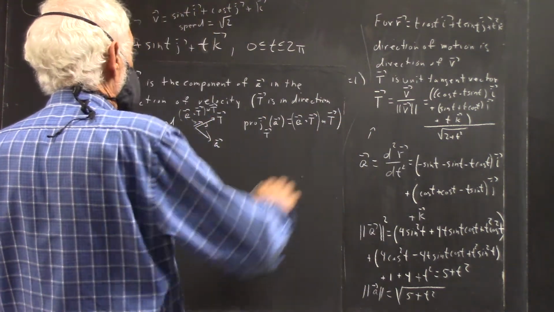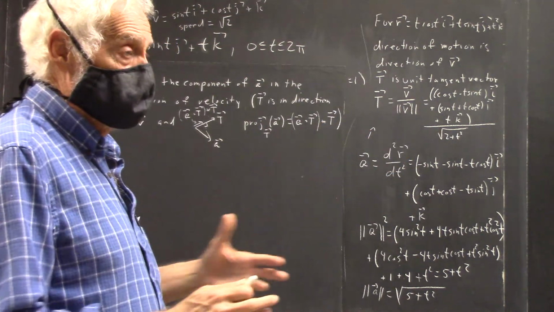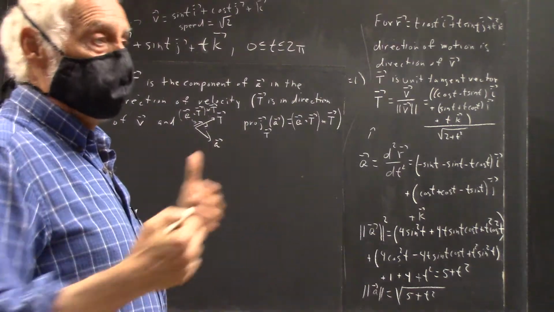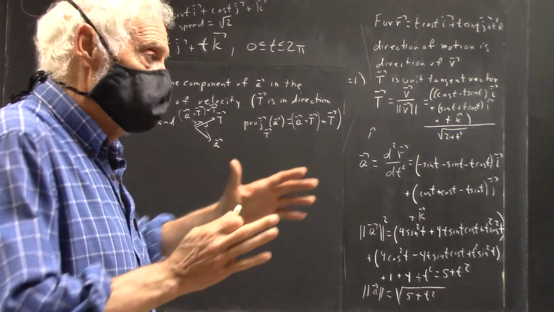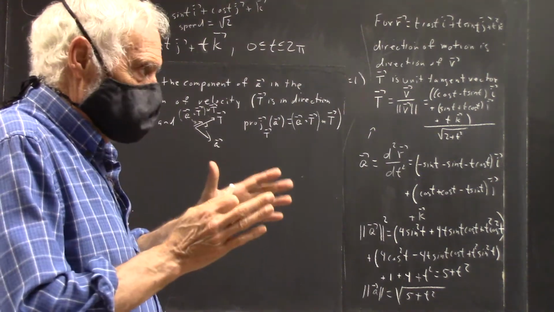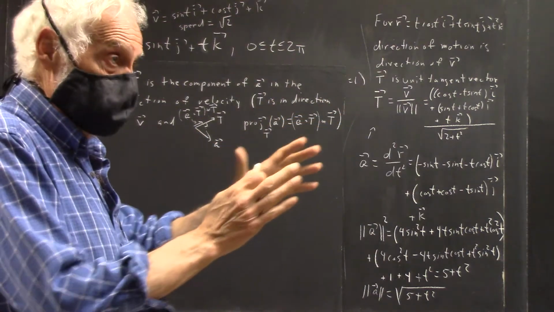And you can get this, and this is the component of acceleration in your direction of motion. This is how hard you're going to feel like you're pushed back in your seat, assuming your seat is oriented so that the forward direction is your direction of motion.